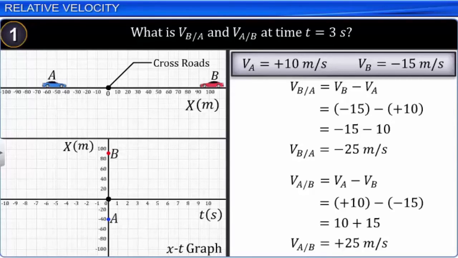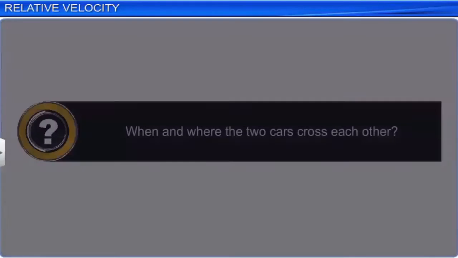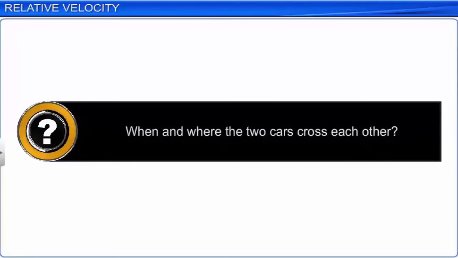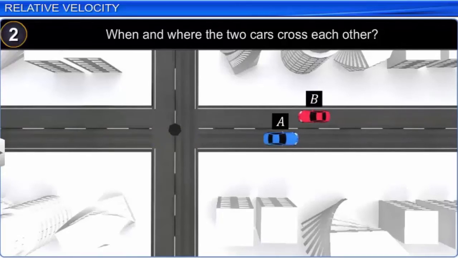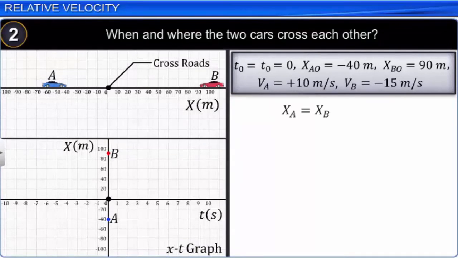When and where do the two cars cross each other? When the two cars cross each other, their position coordinate is the same. That is, X_A is equal to X_B, which is equation 1. Here, X_A is equal to X_A0 plus V_A into (t minus t naught).